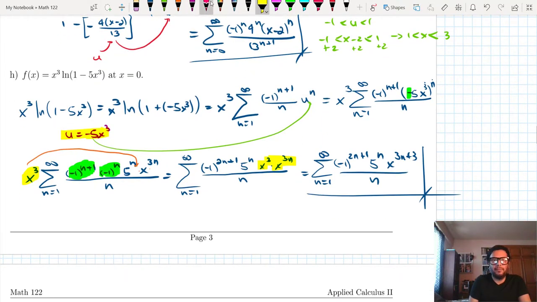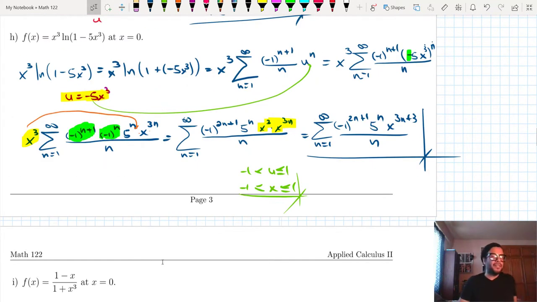Simply u, which is less than or equal to 1. In this case, u is x from the last step of the series, not the one over here, because otherwise it would be a whole mess to write. And that's our interval of convergence.